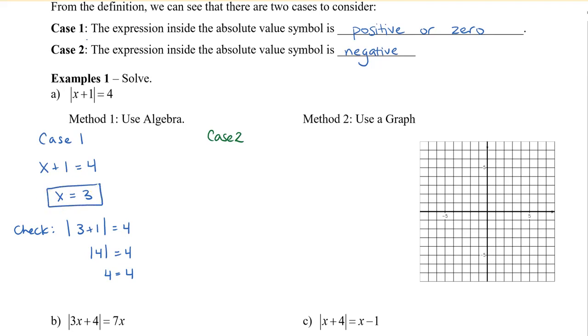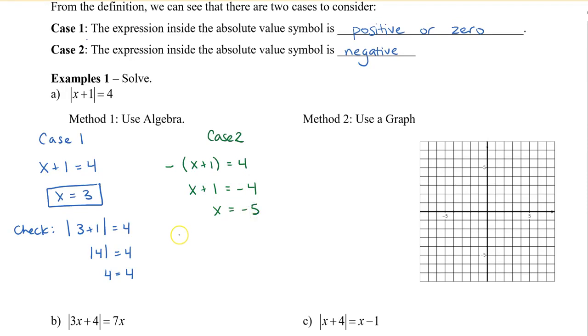In the second case, we're going to pretend that the expression is now negative. So we're going to write this as negative, and then in brackets, x plus 1 equals 4. Now, I can actually divide the negative to my right side, which I'm going to do. So now I have x plus 1 equals -4. And then we have x equals -5.